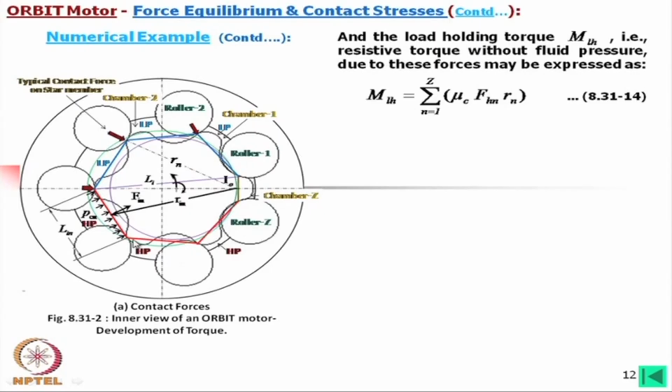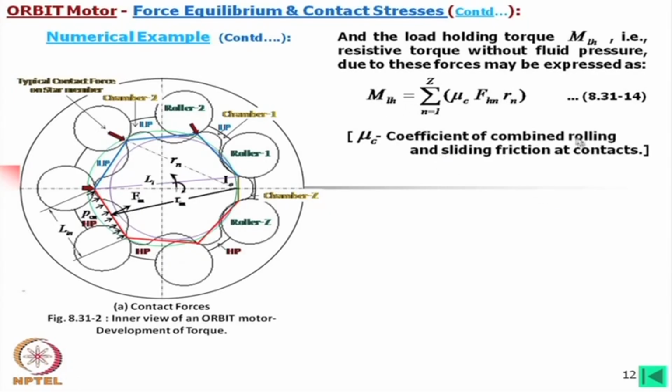In that case, to calculate this R_n, we have to consider the distance to this contact point, because this is the normal force. So, this force is in this transverse direction, and that multiplied by R_n will give the load holding torque. Mu_c is the coefficient of combined rolling and sliding friction at contacts.